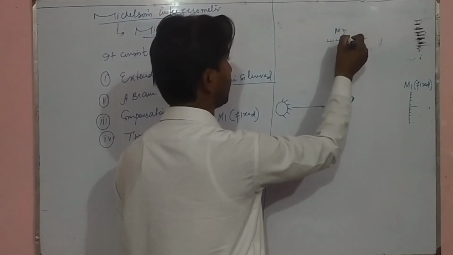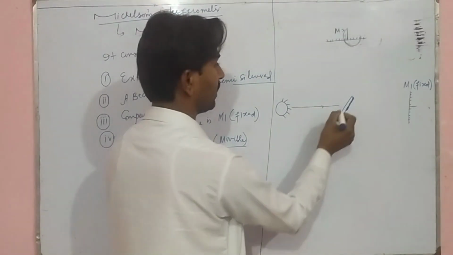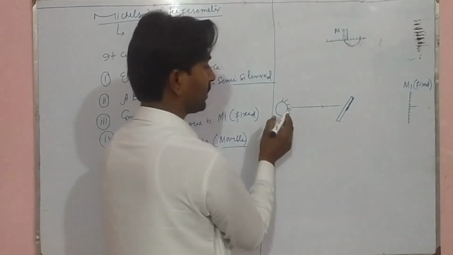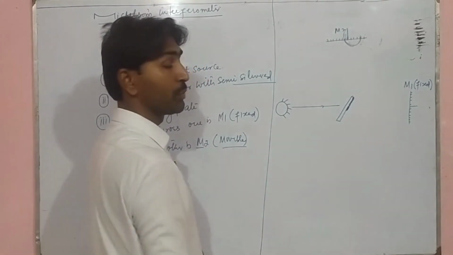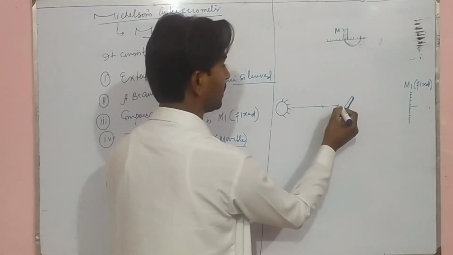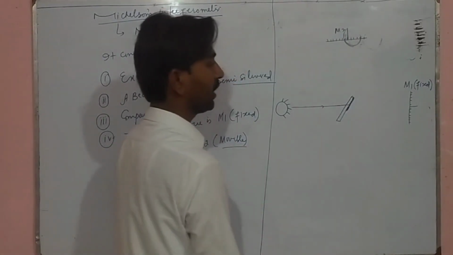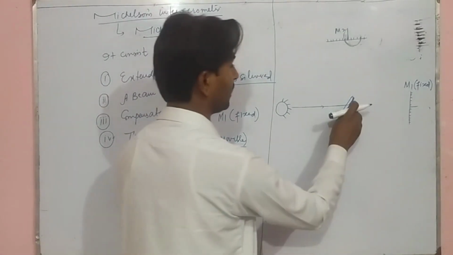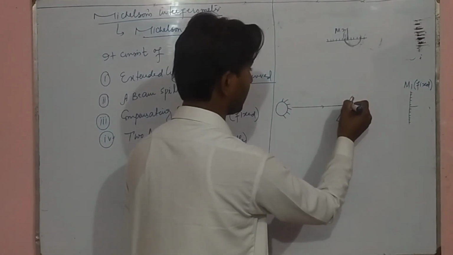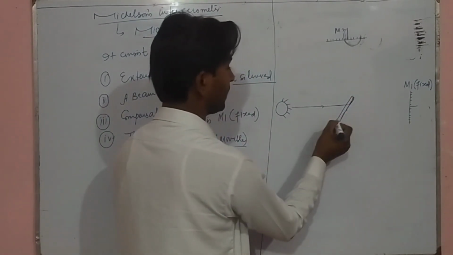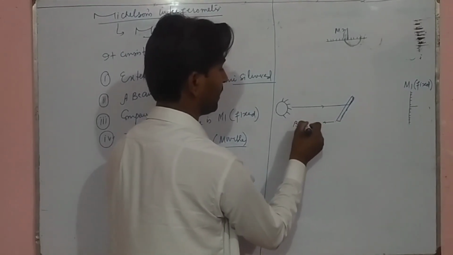If the extended source emits radiations, according to geometrical optics, this will be the emitted radiation. This is a partially silvered plate, so it is called a beam splitter.